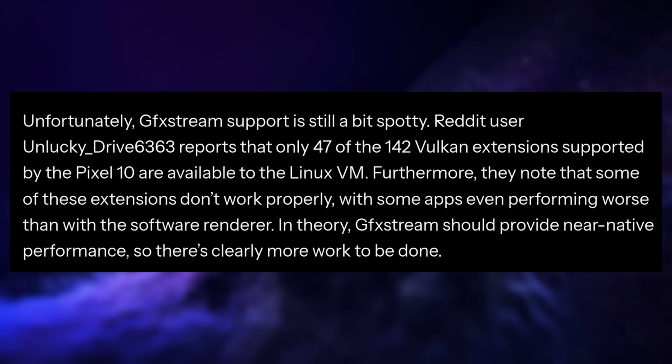And even among those 47 extensions, some of them just don't work properly yet, even sometimes performing worse than the software renderer would. It is still a pretty interesting thing to follow. It's far from ready, but it will be pretty cool to be able to just run any Linux app you want with full graphical acceleration, so real good performance.